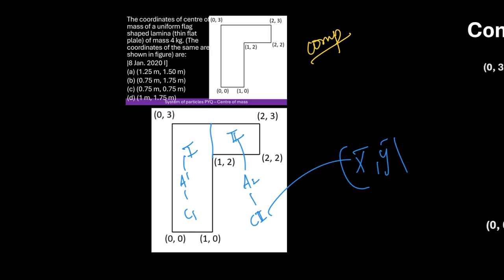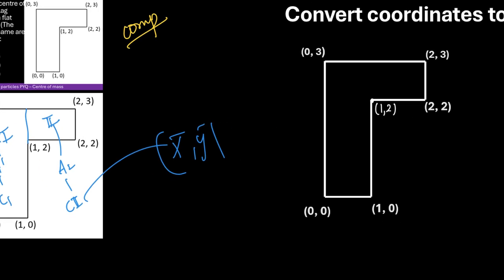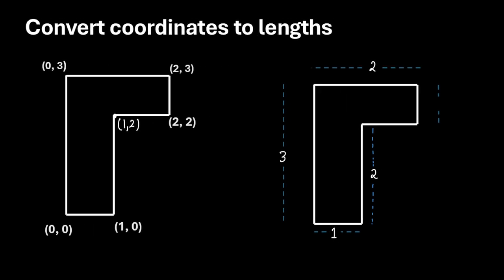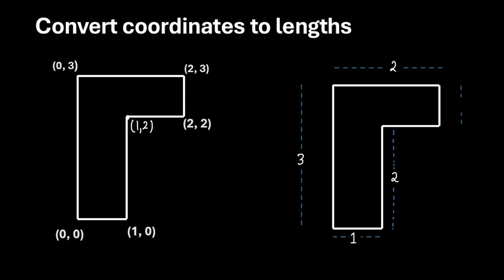So let's break down the solution into three parts. First one is converting coordinates into length. Since x varies here from 0 to 1, this distance is 1. Y varies from 0 to 3, and therefore the corresponding length here is 3.